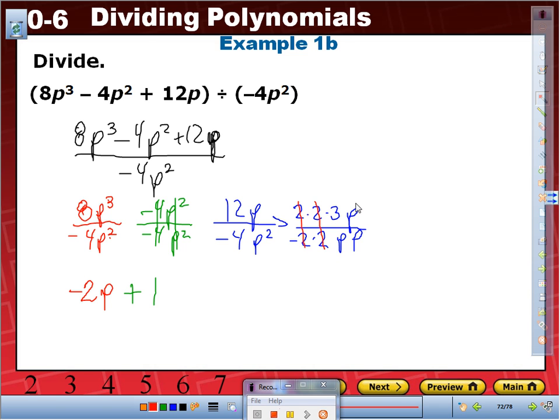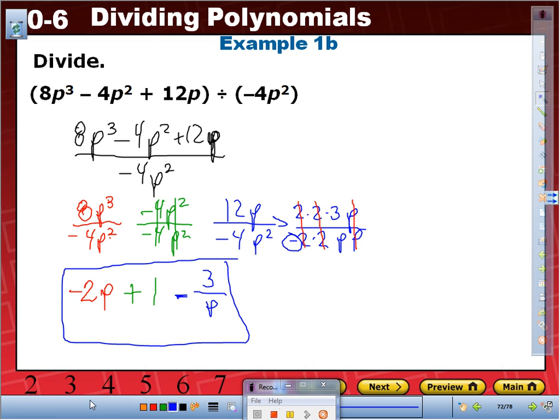Here, here, and here. What do we have left on the numerator? 3. How about the denominator? P, and it's a negative. Can you divide negative 4 by 2 because we have the top? Yeah, we can do that.